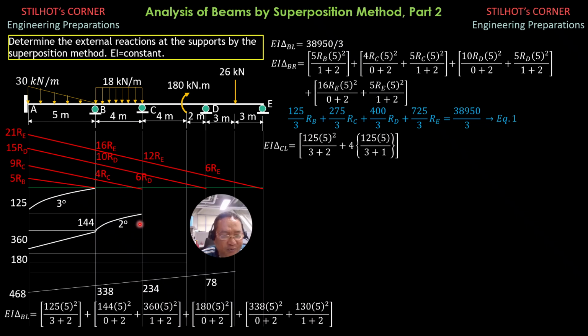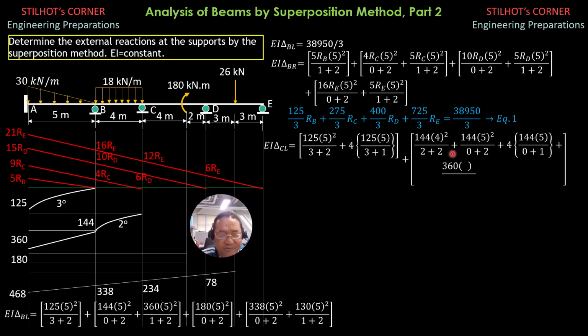For the next load, which is this, it has an effect because this is part of ABC. So this is 144, length 4 square over degree 2 plus 2. Then due to this couple, 144 times length 5, so 5 square over 0 degree plus 2.